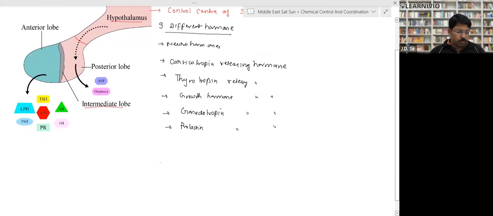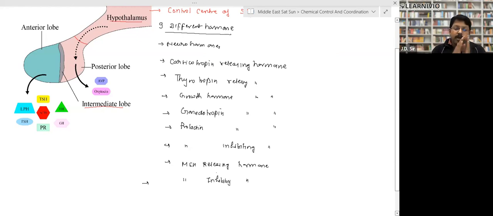Next, prolactin inhibiting hormone. Next one is MSH releasing hormone, and MSH inhibiting hormone.